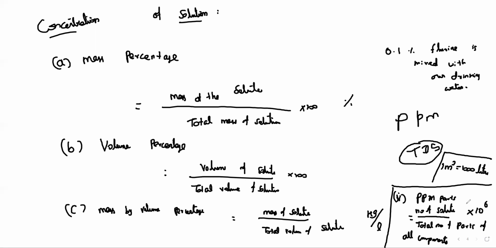For 1 million you have to say, so into 10 to the power of 6. So why are we multiplying with 10 to the power of 6? For 1 million parts, this much fraction. For example, for 10 parts of the total components, we have 1 part of solute. Then in 10 parts you have 1 part. So in 1 million parts, how many parts? So that is why we are multiplying with 10 to the power of 6. Is that clear?